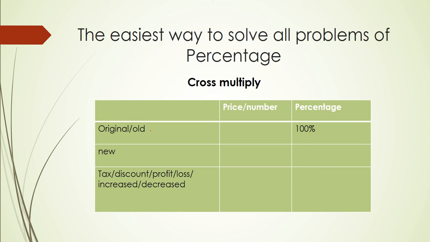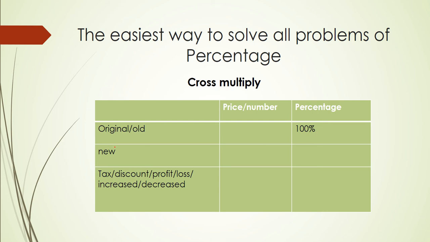The first thing, which is present in the word problem, is the original value, original cost, old value, or old number of people, whatever it is, you are going to write here. And the percentage of the original is always 100, so we will write it ourselves.